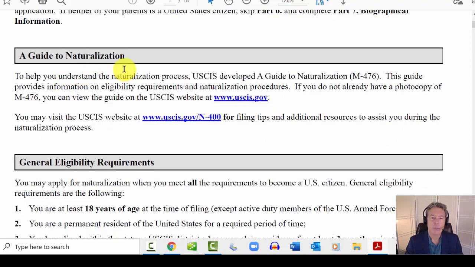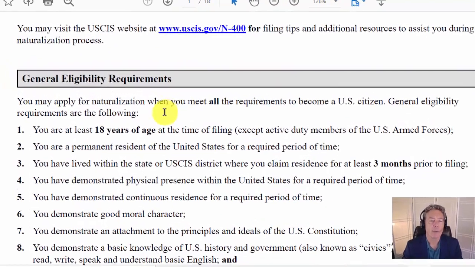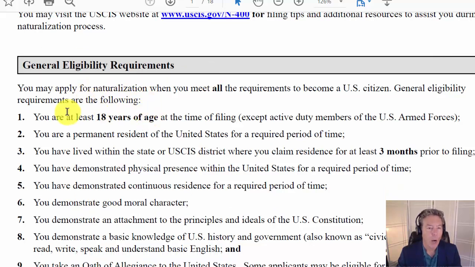A guide to naturalization. It is the guide to naturalization, which talks about all the different requirements. But we're going to general eligibility requirements now. You may apply for naturalization when you meet all of the requirements to become a U.S. citizen. General eligibility requirements are the following. 1, you are at least 18 years of age at the time of filing, except active duty members of the U.S. Armed Forces. 2, you are a permanent resident of the United States for a required period of time.